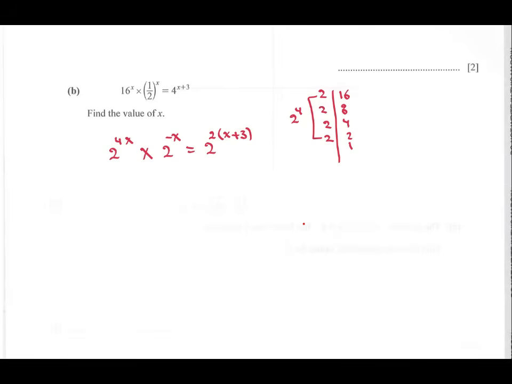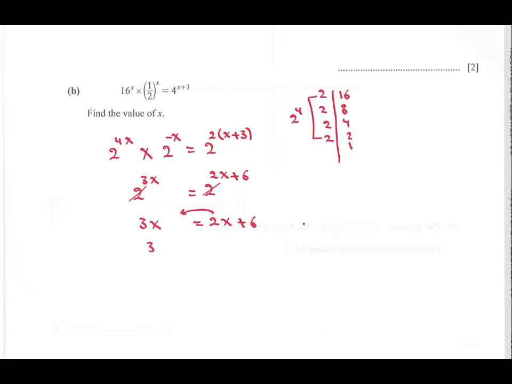Okay, 4x minus x is equal to 3x. When we multiply numbers, we add powers, which is equal to 2^(2x+6). If the base equals the base, then the power is equal to the power.